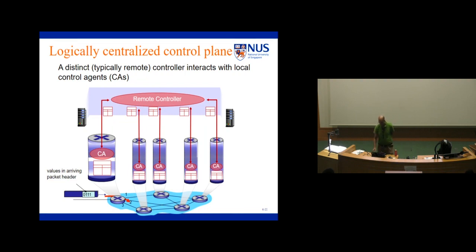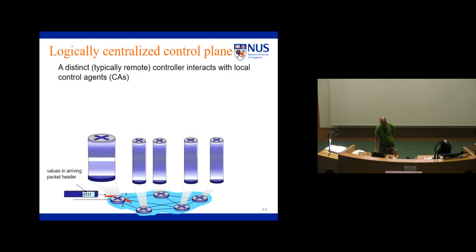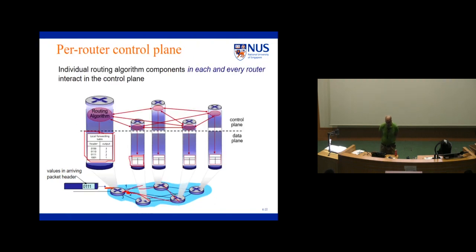Okay. Another thing that I want to highlight here is the separation between the control plane and the data plane. So here I have a line that sort of breaks down where the control plane is and what the data plane is. So in the control plane, what happened is we run the routing algorithm.